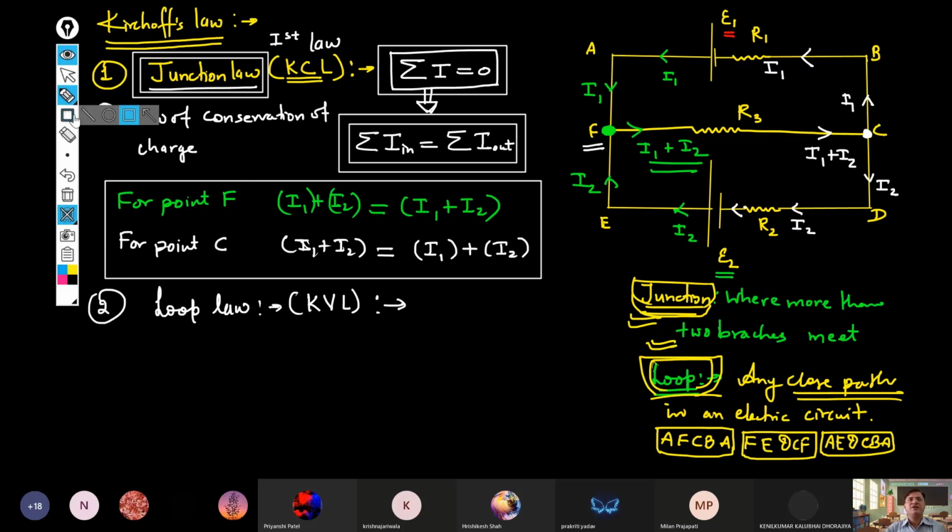According to this law, along a closed loop, it means if we move along a closed loop, the algebraic sum of potential differences across the ends of each of the conductors in a closed path is 0 only.